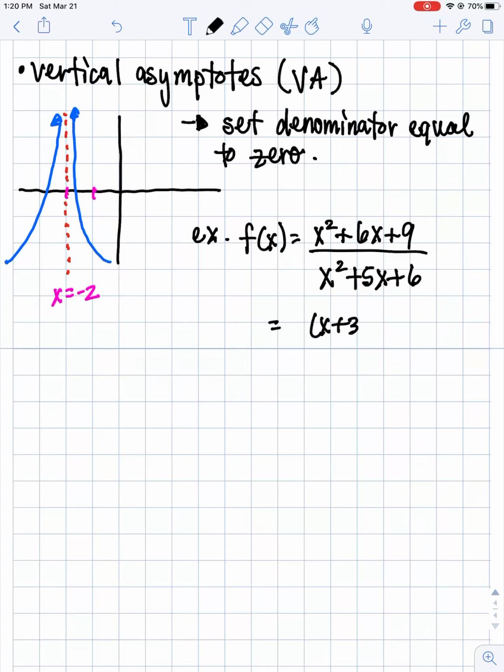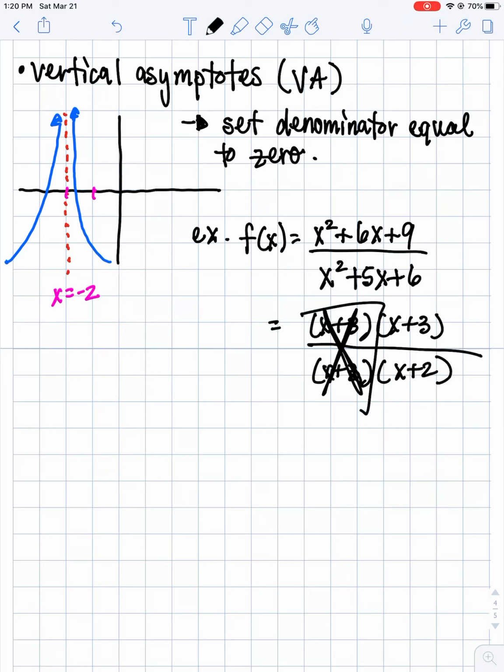So when you factored this thing just a minute ago, we got x plus 3 times x plus 3 over x plus 3 times x plus 2. The x plus 3's canceled because those were the hole. That's where the hole was. And so what is left in the denominator? The denominator is simply x plus 2.